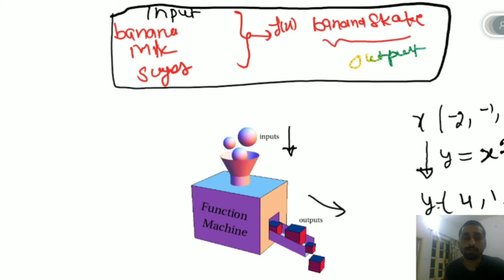This is the input we put in, and this is the output.